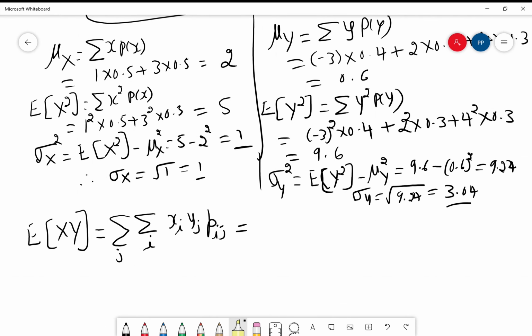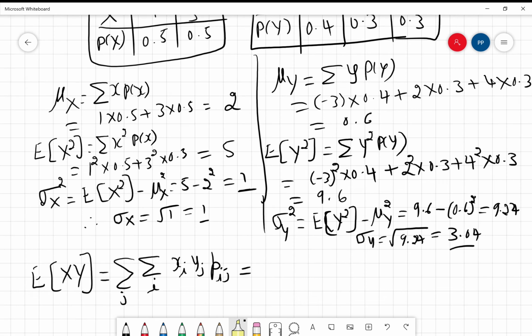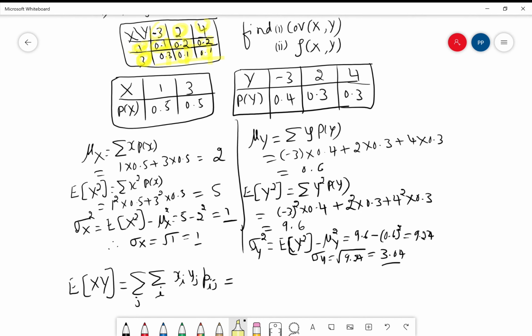In that way, we can easily find out this one. So first we consider the value 1 into minus 3, sorry, that is the value of y. 1 into minus 3 into 0.1 plus 1 into 2 into 0.2 plus 1 into 4 into 0.2.